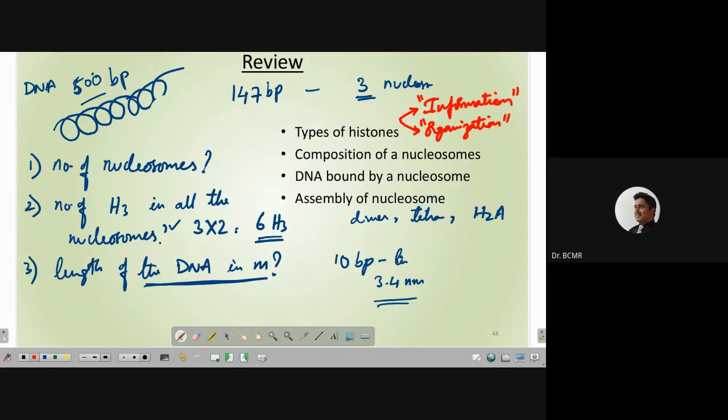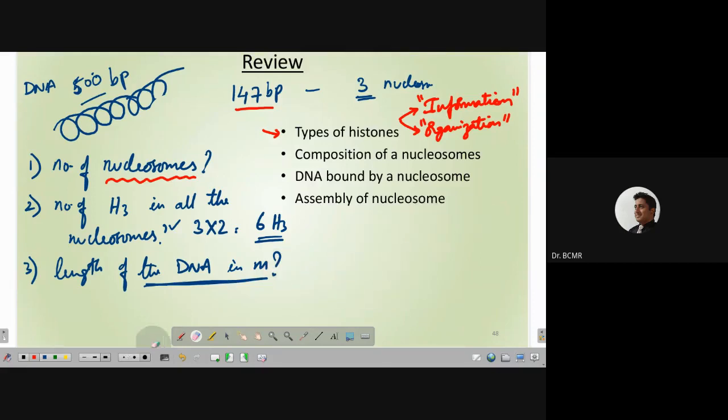So we also had a discussion about nucleosomes. What are nucleosomes, and the amount of DNA that is wound around each nucleosome. A nucleosome consists of histones, and there are 2 types of histones: core histones and the linker histone.